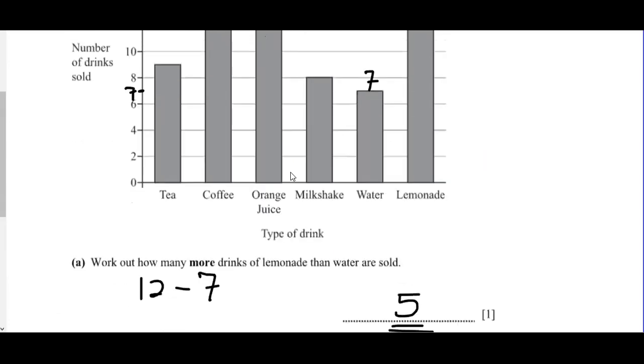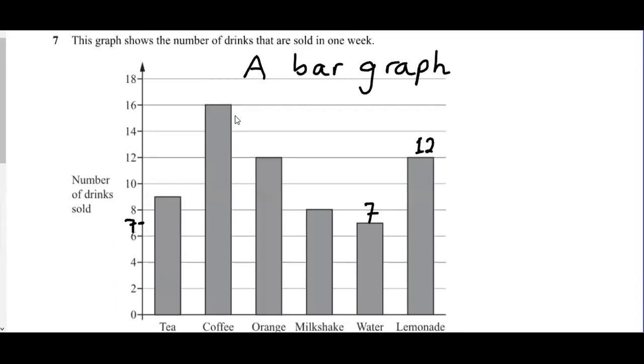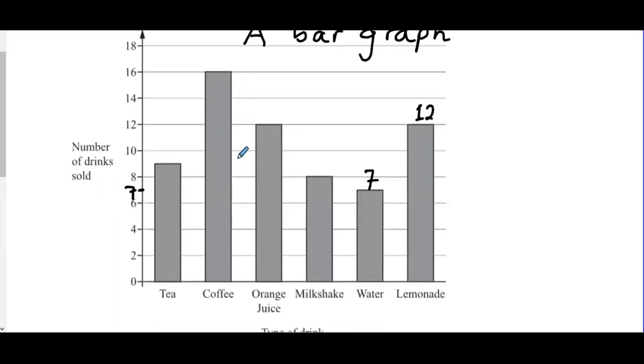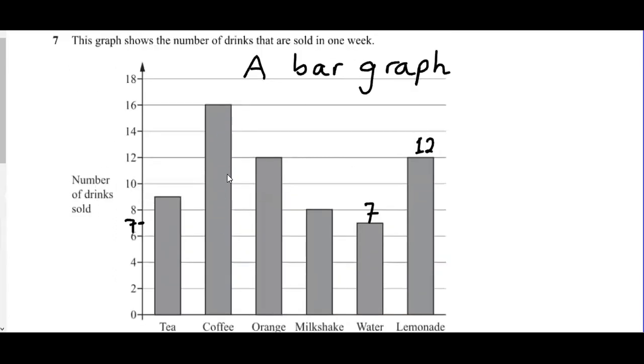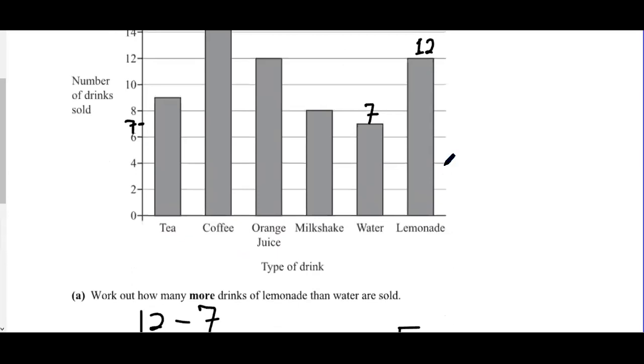But from the bar graph, how do we know which drink represents the mode? The drink which appears to have the longest rectangle.